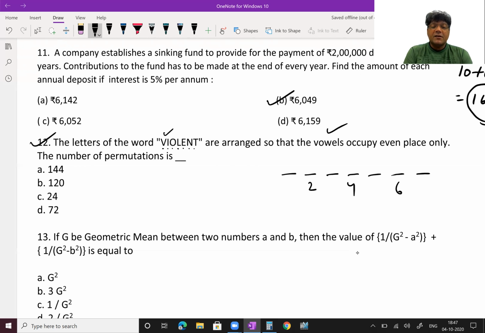How many vowels? A, O, E. 3 vowels. So in 3 places, 3 vowels can be arranged in 3 factorial ways. And the remaining 4 places are for 4 consonants, V, L, N and T, all different, 4 factorial. So simply 6 into 24, that is equal to 144. Your answer, option A.